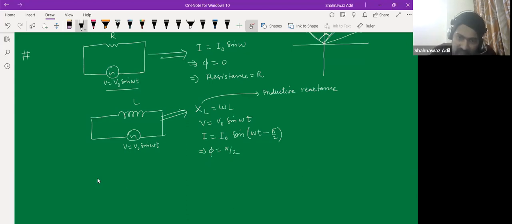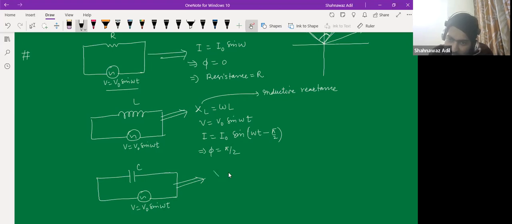And similarly, we have this capacitive circuit. In the capacitive circuit, we have V naught sine omega t, and this is C. For this case, we have the capacitive reactance, which is 1 over omega C. The current that we get is sine omega t plus pi by 2.